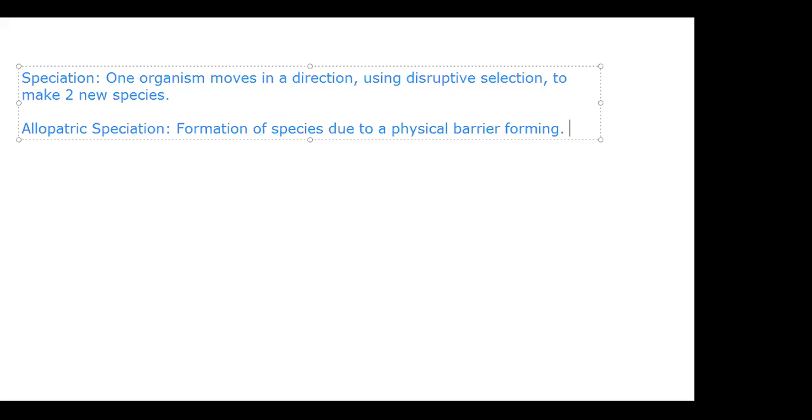Any questions about speciation or allopatric speciation? So allopatric means they are in two different areas due to a barrier forming.